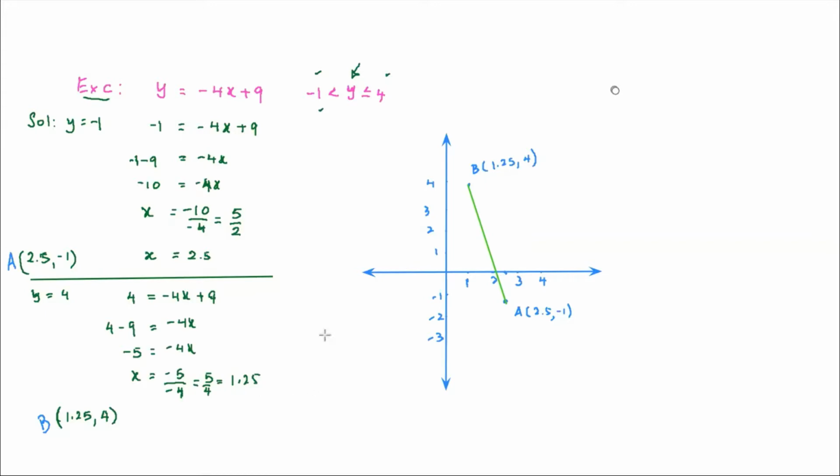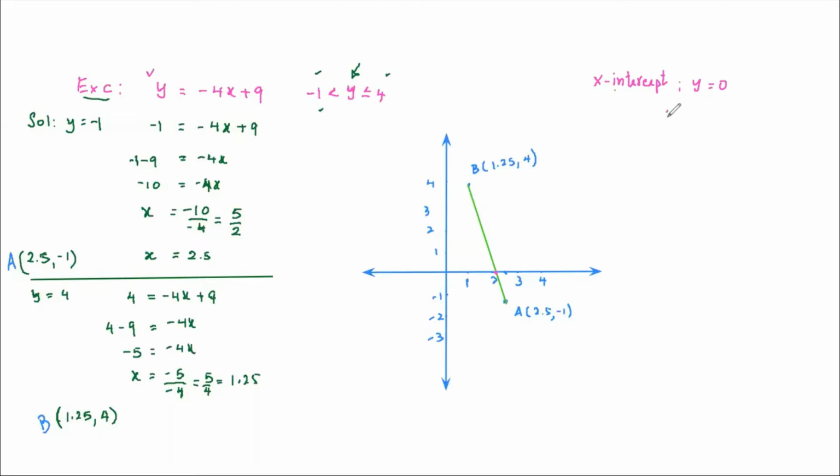So we got these two points. Then next, you see, we have to find out this point, right? The value of the x-intercept. When we find the x-intercept, it means our y has to equal 0, right? So you replace y equal to 0 in the equation that was given to you here and solve for x.